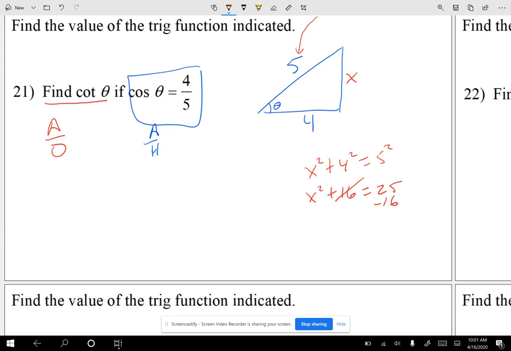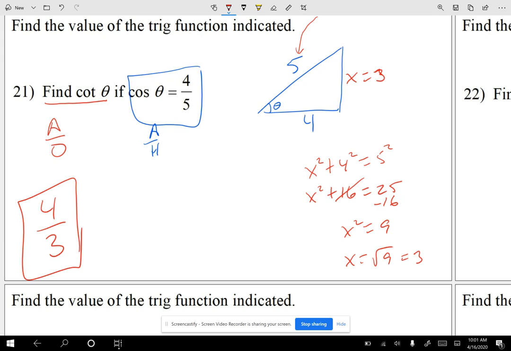Let me subtract 16 from each side. x squared equals 9, so x must be the square root of 9, better known as 3. So I know that side. For cotangent of theta, I needed adjacent over opposite, so I'm just going to write 4 over 3. When you type it, you go 4 over 3.